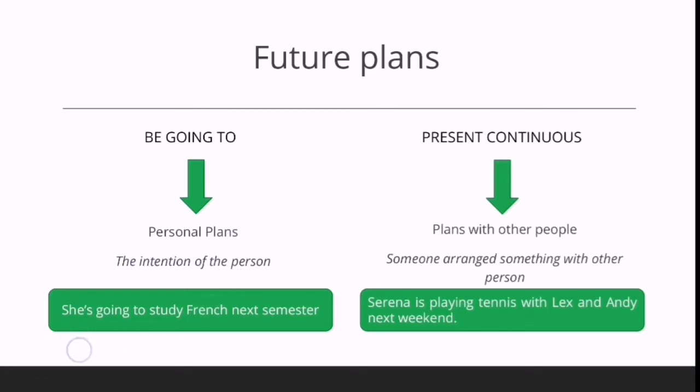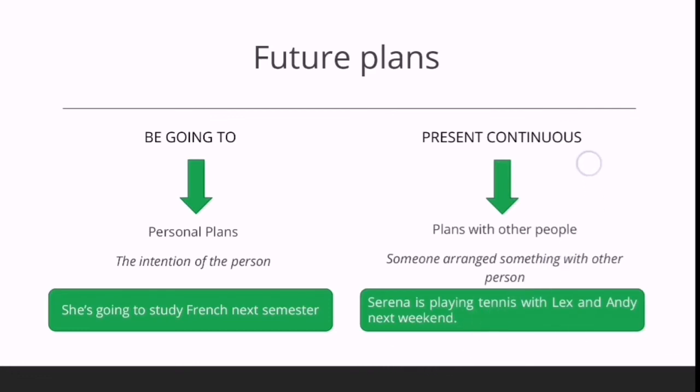For example, she's going to study French next semester. It's her plans, and we use the present continuous when we involve another person. For example, someone arranged something with other people. For example, Serena is playing tennis with Lex and Andy next weekend.